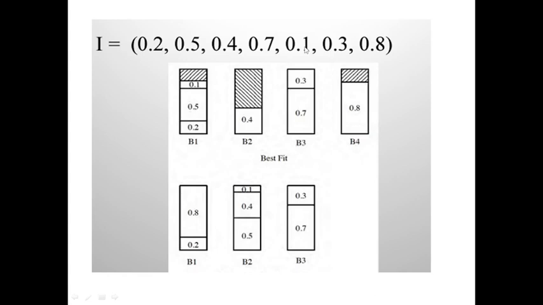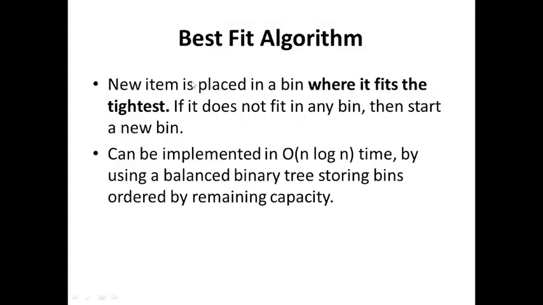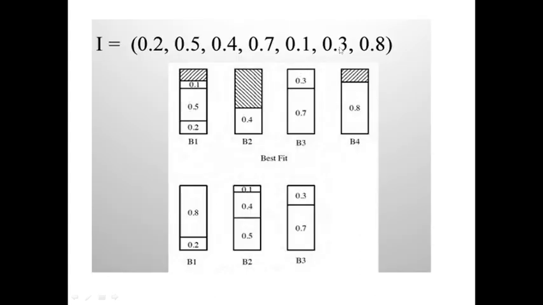Now 0.1 we can have in bin 1, because then bin 1 will go towards the tightest fit. Then 0.3 we could keep in bin 2, because bin 2 has 0.6 space available, but we will keep it in bin 3, because only then will it be the tightest and the bin will be full. Then 0.8 you push into bin 4, which is a new bin.